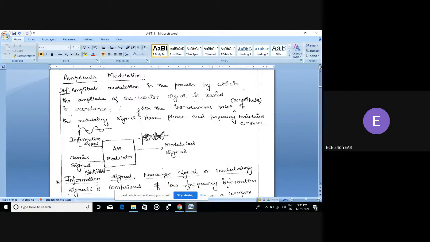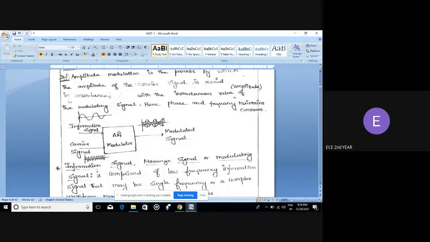Okay, if we replace the amplitude changes of the carrier signal with respect to the modulating signal by phase, that will go for phase modulation. If we replace the amplitude variation of the carrier signal with respect to the modulating signal with frequency, that we call frequency modulation. In amplitude modulation, the other two parameters, phase and frequency, remain constant.